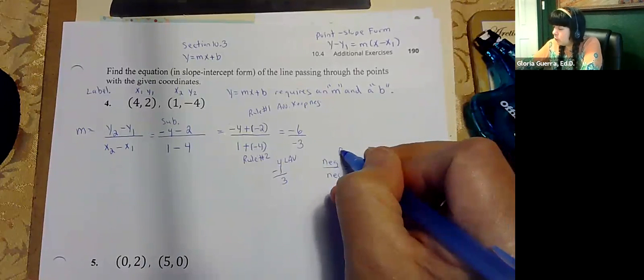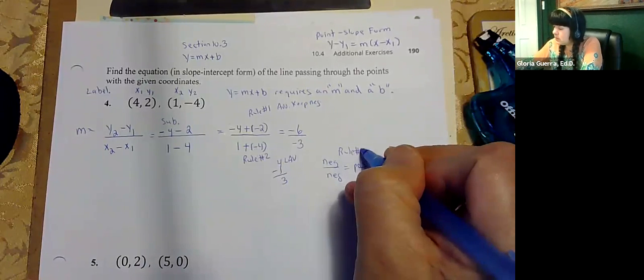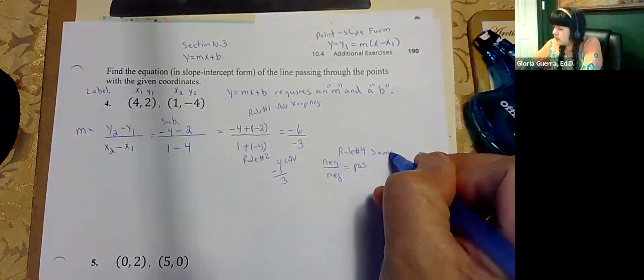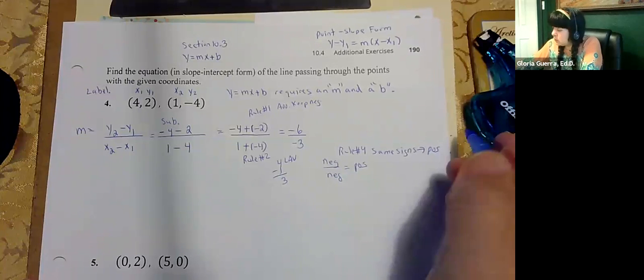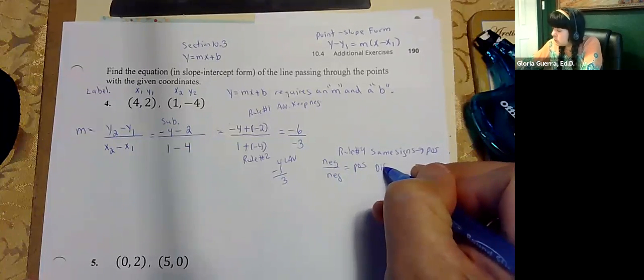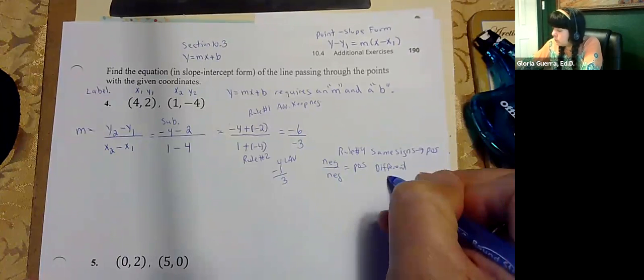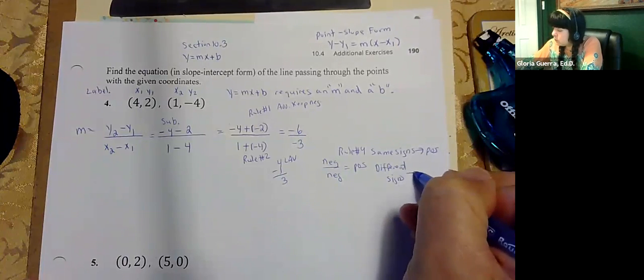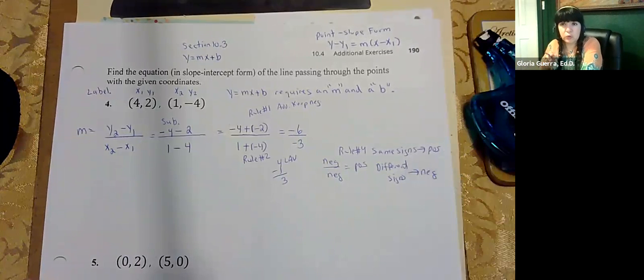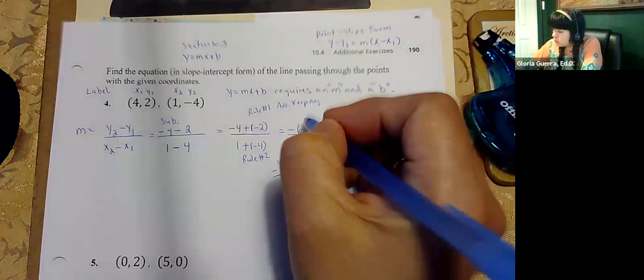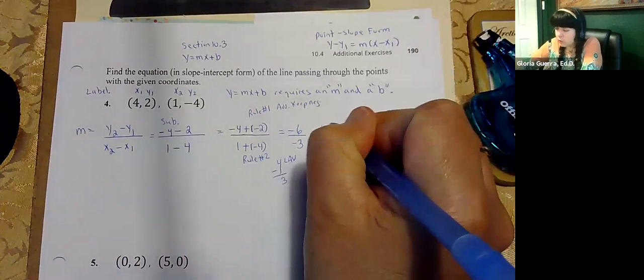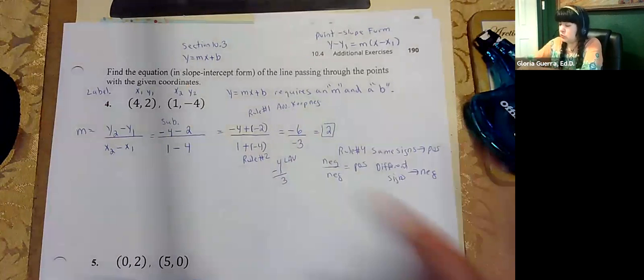Rule number 4 says same signs give you positive results, different signs give you negative results. And that's only when you're multiplying or dividing, taking them 2 at a time. So we're dividing -6 by -3. That just gives you a 2. So your m is 2.